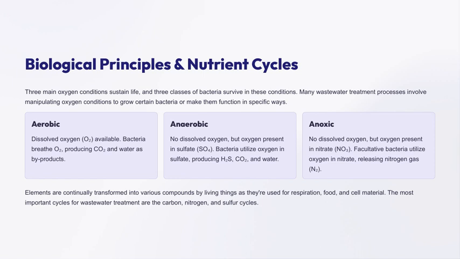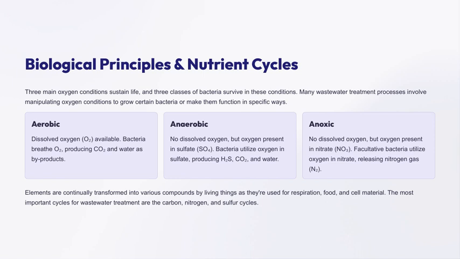Finally, anoxic conditions are characterized by the absence of dissolved oxygen as well. But here, oxygen is present in nitrate ions. Now, facultative bacteria, which can adapt to different conditions, utilize the oxygen in nitrate and release nitrogen gas, N2, into the atmosphere. This process is vital for removing nitrogen from wastewater.